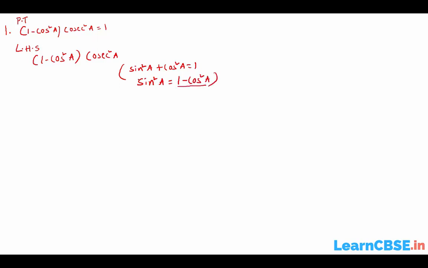That means we can replace 1 minus cos square a as sin square a. So replace it into cosecant square a. Again I can write the sin square a as 1 by cosecant square a, which is reciprocal, into cosecant square a. Both will get cancelled and you will get 1. So which is RHS.